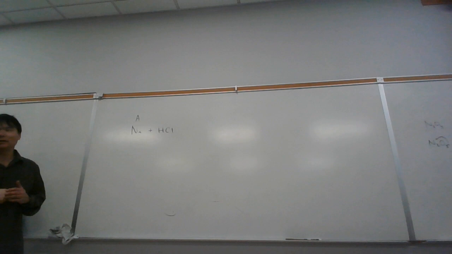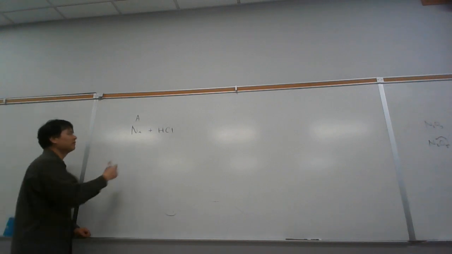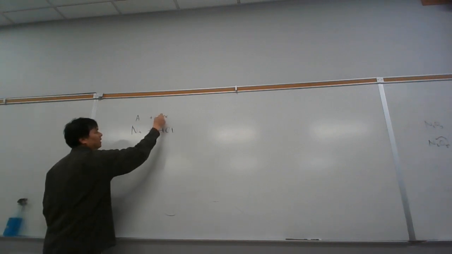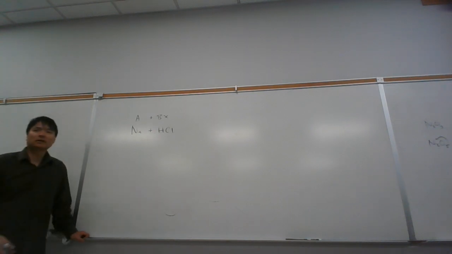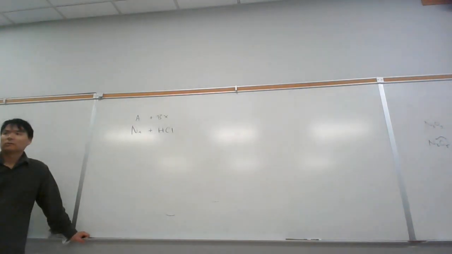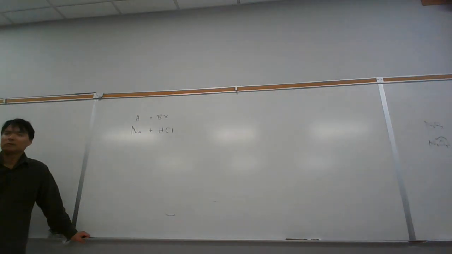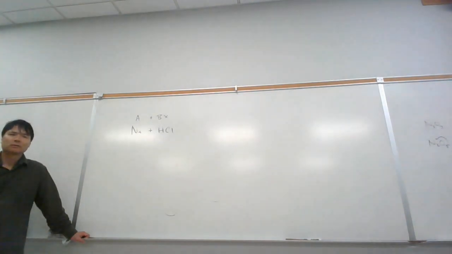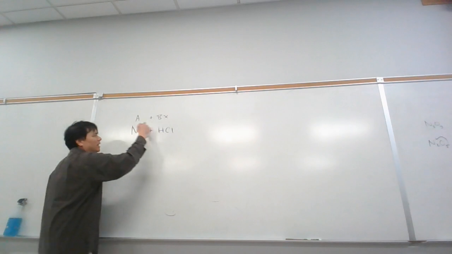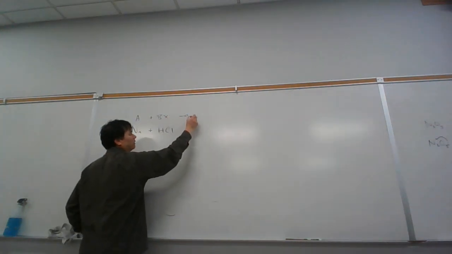A needs to be, in single replacement, if I have the A plus BX pattern, what's the role that we assign A to when we set it up in the single replacement pattern?